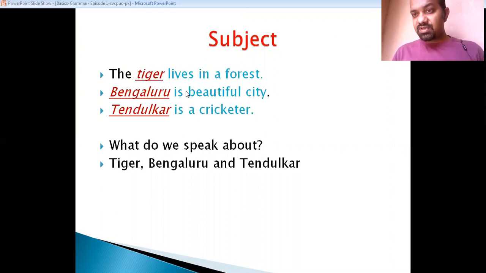Bengaluru is a beautiful city. Tendulkar is a cricketer. Tiger, Bengaluru, Tendulkar. These are subjects in these sentences. What do we speak about? We speak about Tiger, Bengaluru, Tendulkar. I hope you are able to follow it better. So this is subject.